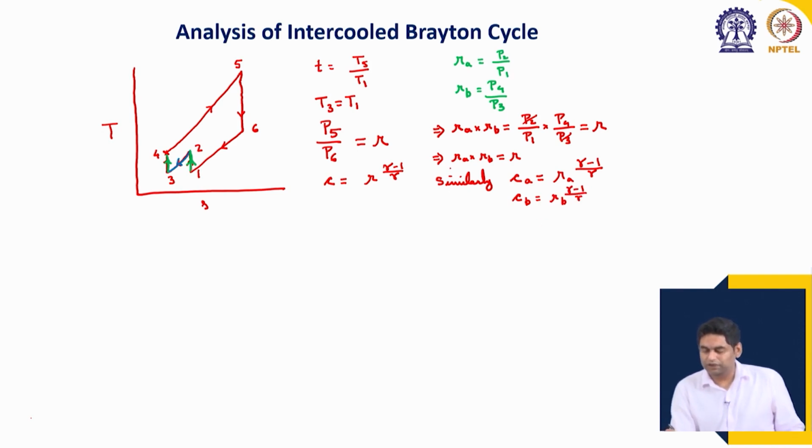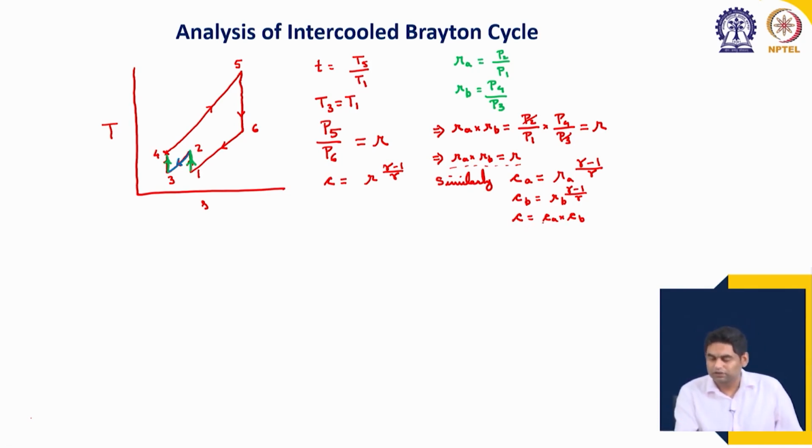So, from this relation already which we have derived, we can also obtain that overall ratio C is equal to C A multiplied by C B. Okay. So, this is also a very useful relation and this is again similar to that of the reheat cycle, but here again the ratios are for different quantities.